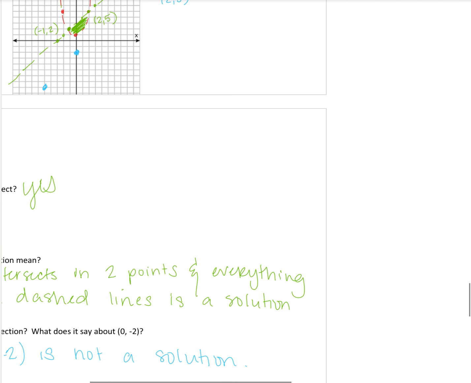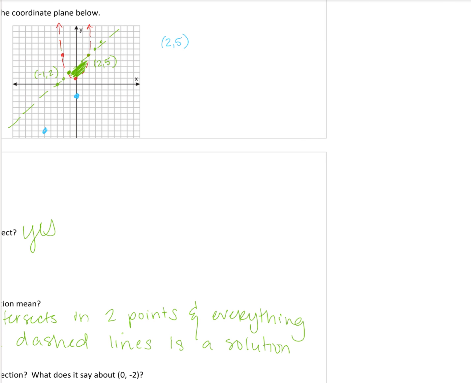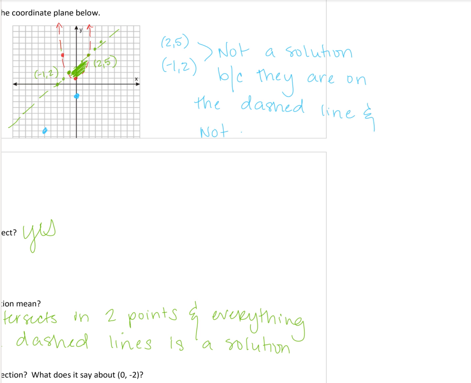But remember, if I would have asked if it was 2, 5, or if it was -1, 2, technically those are also not a solution because they are on the dashed line and not included.